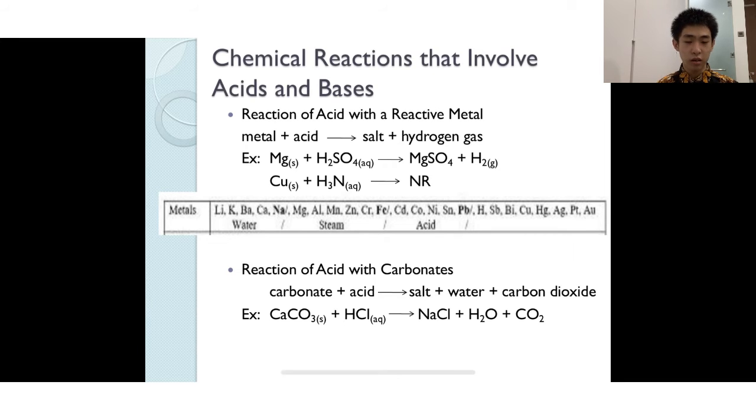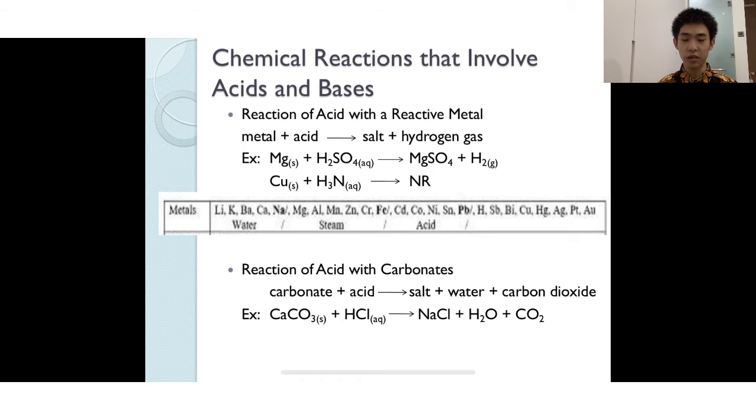So the metals to the left of the acid mark are reactive enough to replace hydrogen from an acid, while the metals to the right of the acid mark are not reactive enough. That's why copper doesn't react with hydronitric acid, so there is no reaction.